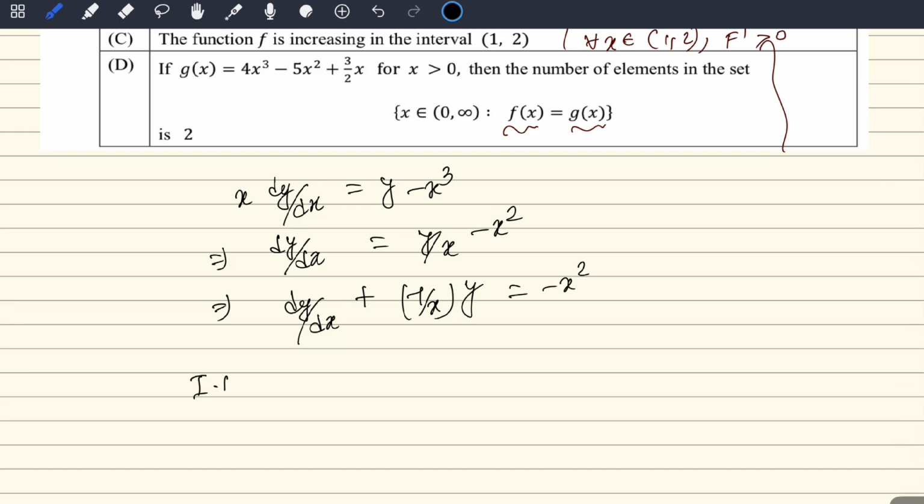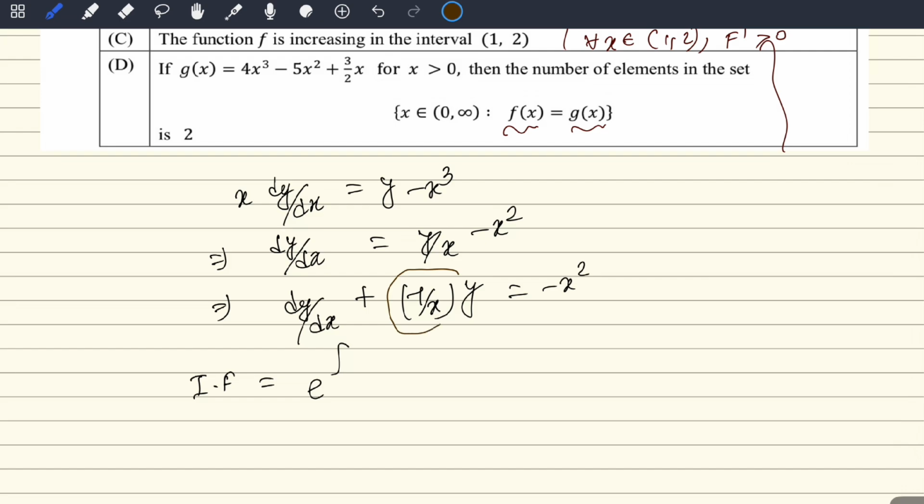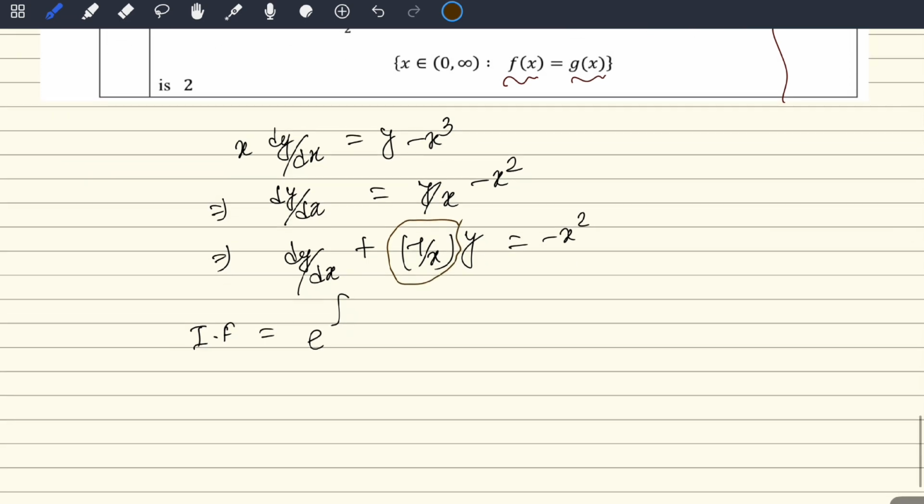The integrating factor is e to the power integration of the coefficient of the linear term of the dependent variable. The linear term is y and its coefficient is minus 1 by x. So it is e to the power integration of minus 1 by x dx, which is e to the power minus integration of 1 by x, that becomes ln x.